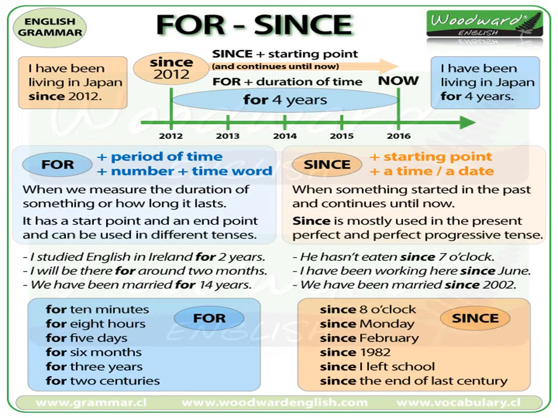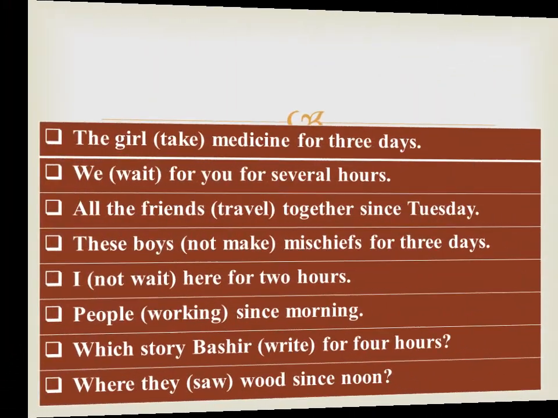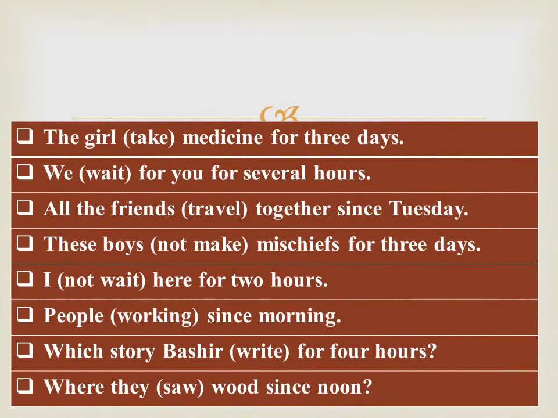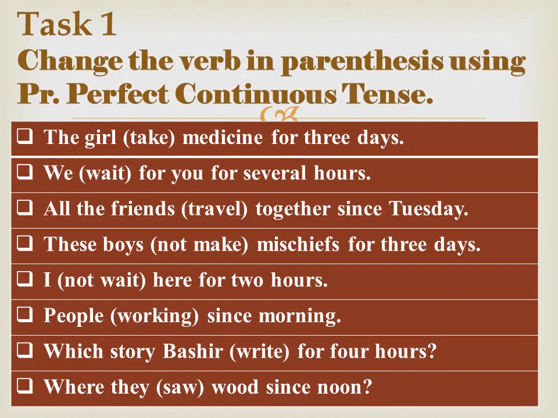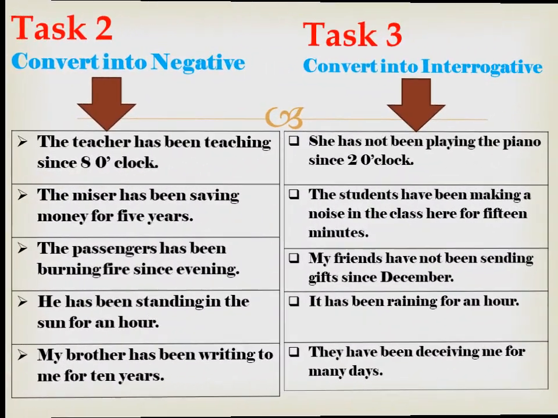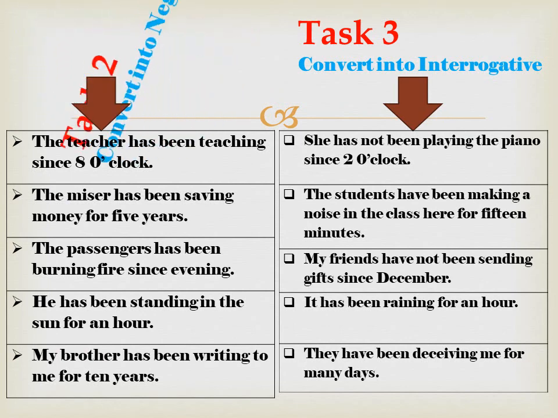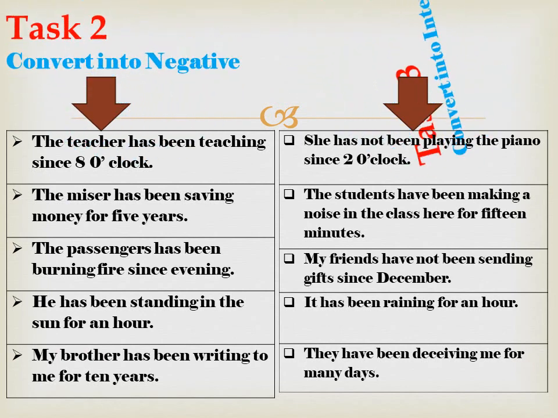Whereas since is used with since 8 o'clock, since Monday, since February, since 1982, since I left school, since the end of last century. Alright, dear students, and here goes task.